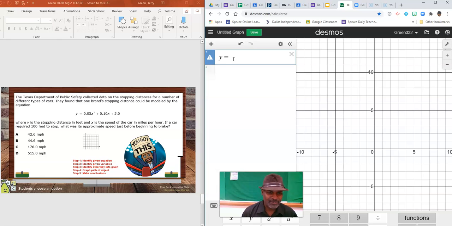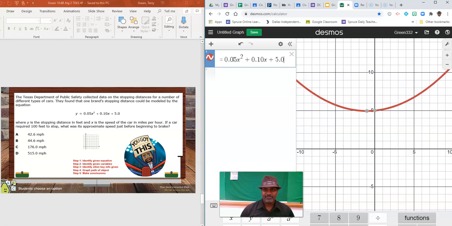It found that one brand's stopping distance could be modeled by the equation y equals 0.05x squared plus 0.10x plus 5.0, where y is the stopping distance in feet and x is the speed of the car in miles per hour.